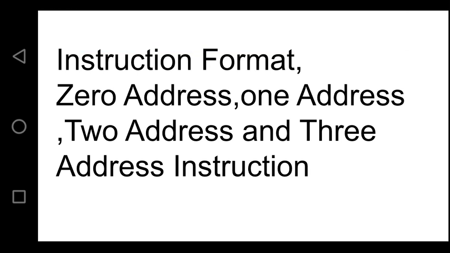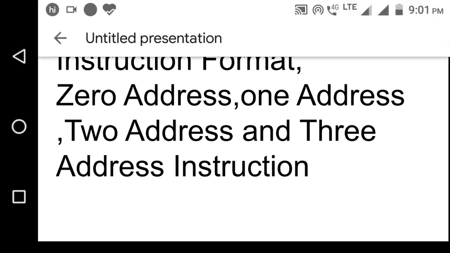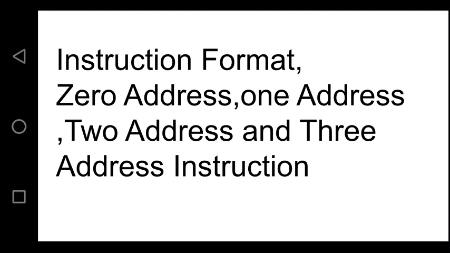instruction format means, first of all, you should know the meaning of an instruction. The instruction is one kind of operation that you want to perform on the input data.